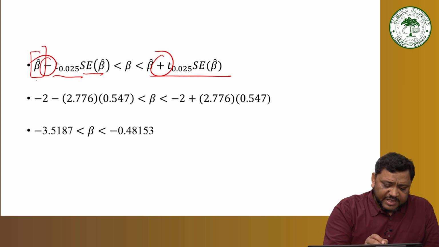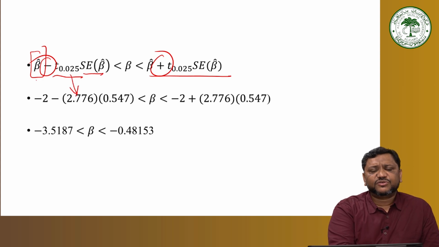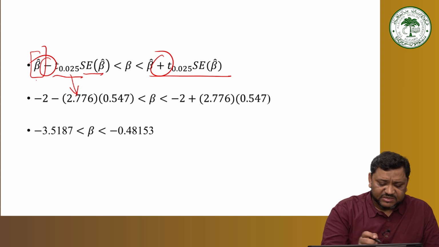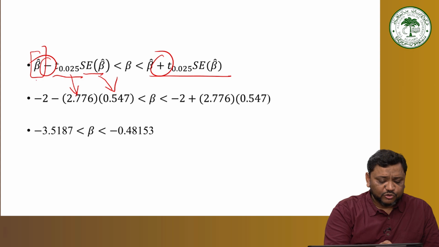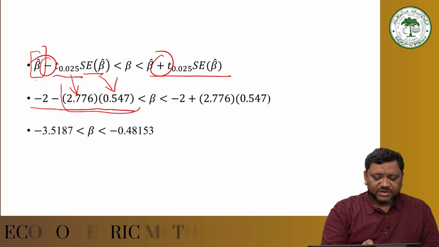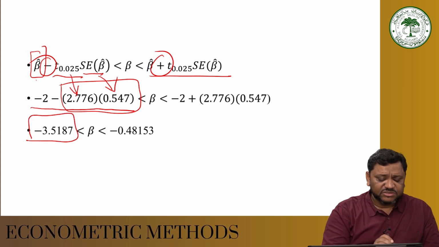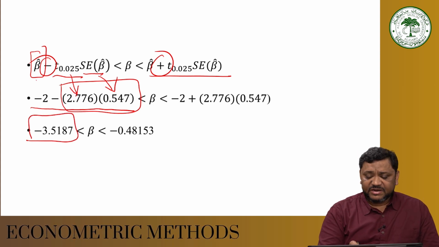So we know that the t value, which we have seen in our previous slide also, is equal to 2.776, and the standard error of beta is equal to 0.547. So we do -2 minus this term, that is 2.776 multiplied by 0.547, and we get a value of -3.5187.